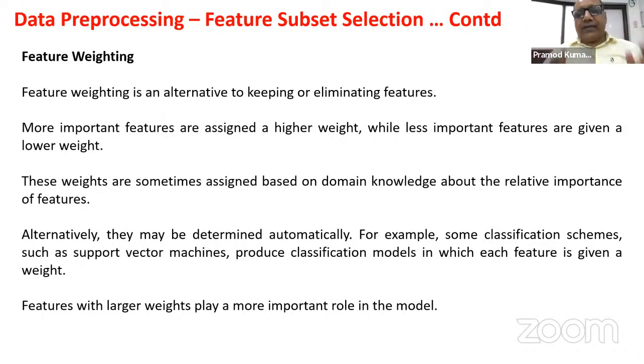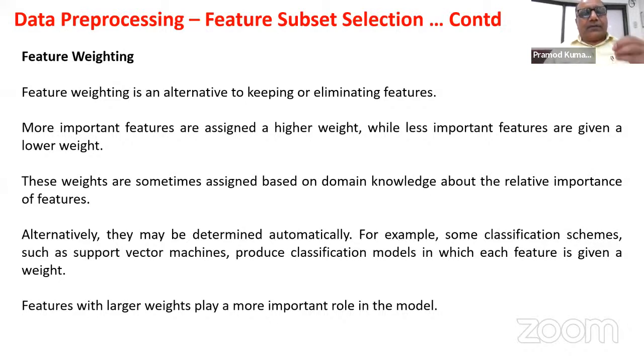So why do we do that? For the simple reason that the feature where the variability is more, when I say the variability is more, it simply means to say that it is a more distinguishing feature among the classes or the clusters.